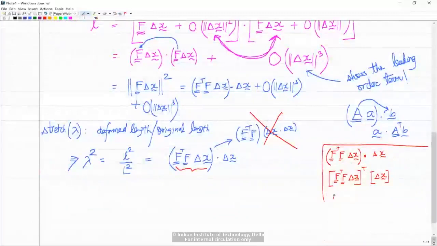So this will become delta x transpose, then F transpose, and then F transpose transpose, which is F. And then your delta x. So you can see that the two delta x are on the extreme side. They are nowhere close to be multiplied together.